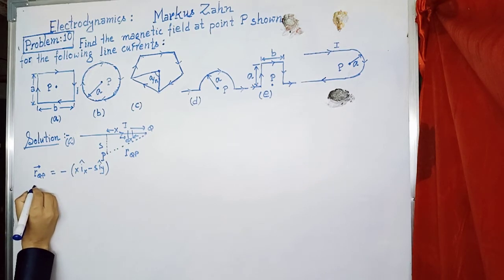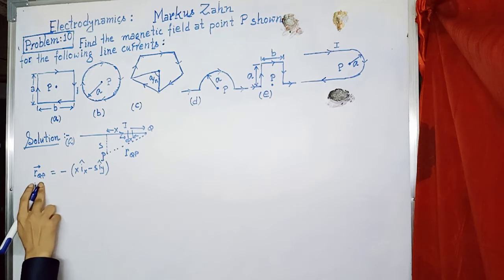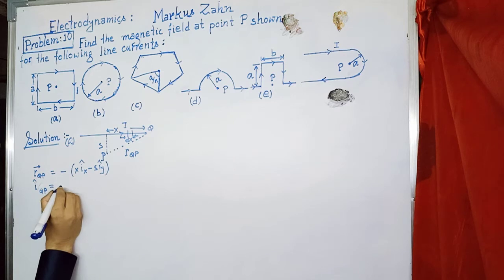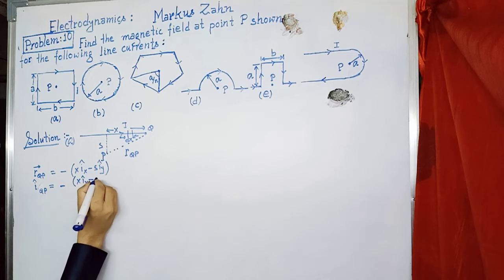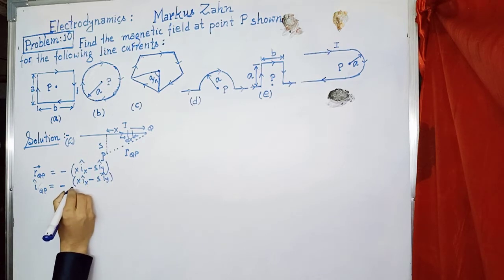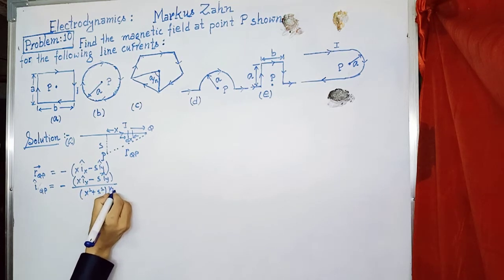and its unit vector IQP cap will be equal to minus x ix cap minus s iy cap divided by x square plus s square to the power half.